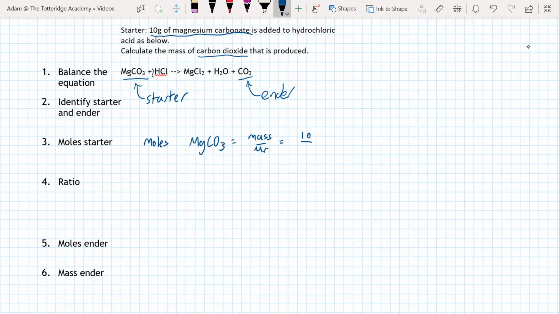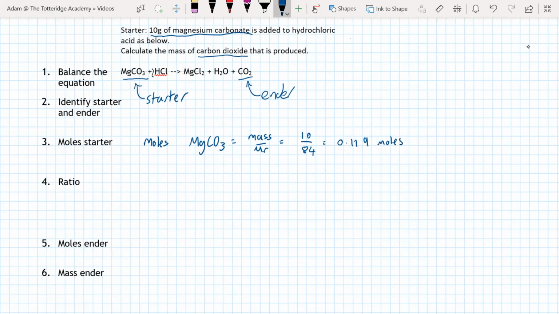I add 24 and 12 and 3 lots of oxygen, which is 48, and that gives me 84. So I do 10 divided by 84, and that gives me 0.119 moles.